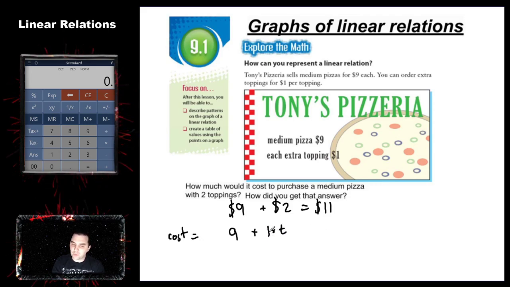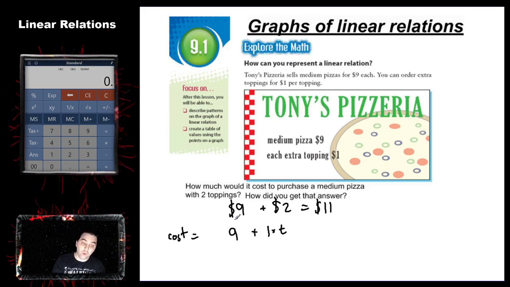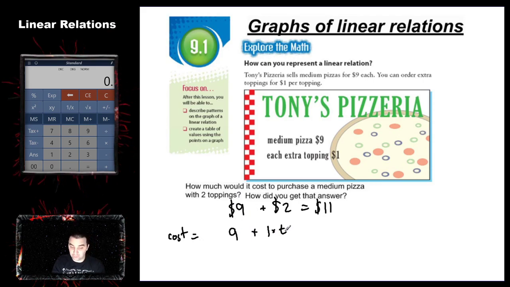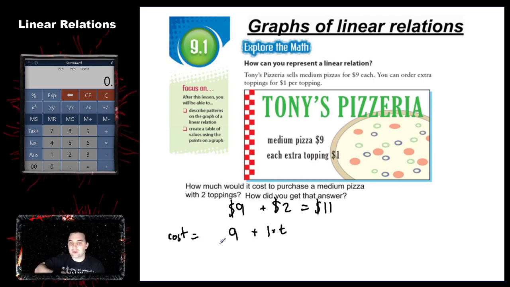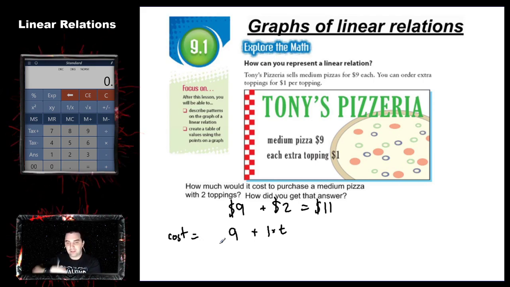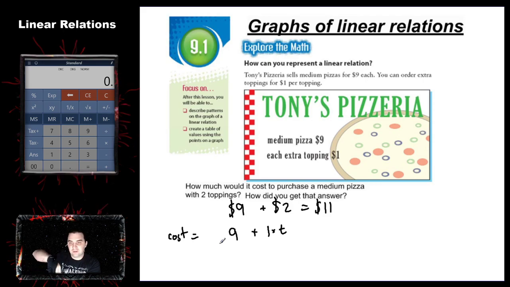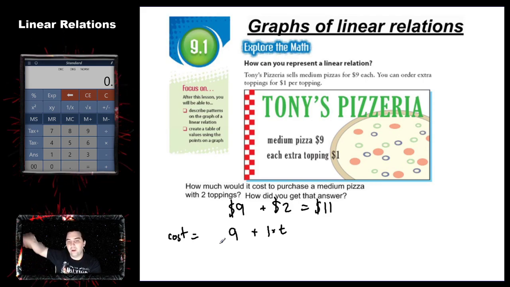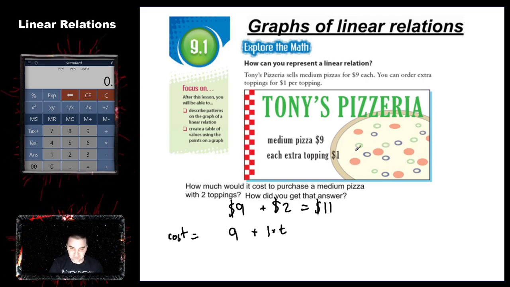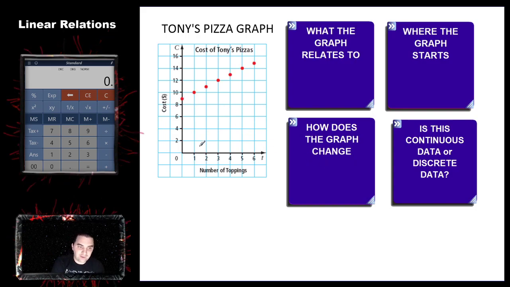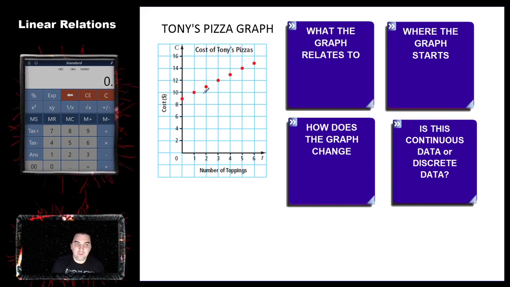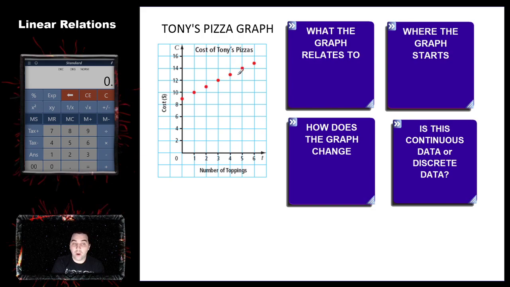So no matter what I choose, if it's 1 topping, then it's 9 plus 1 times 1 is $10. Makes sense. Or 9 plus 1 times 2 toppings is $2, $11 total. And so it has that relationship. Every topping that you add, it increases it by 1. And that's what we're going to see in the graph right here. So for every topping that we add, the cost of the pizza goes up 1.